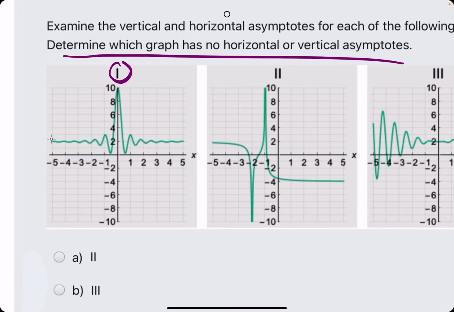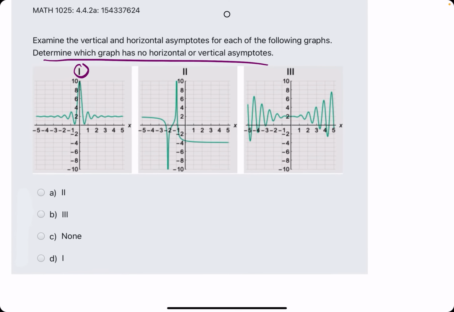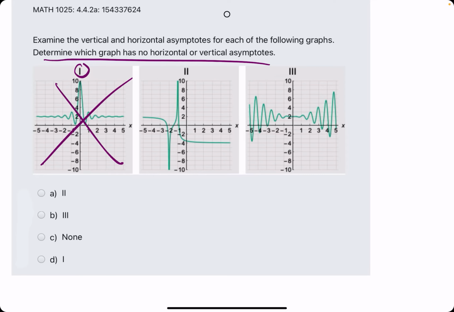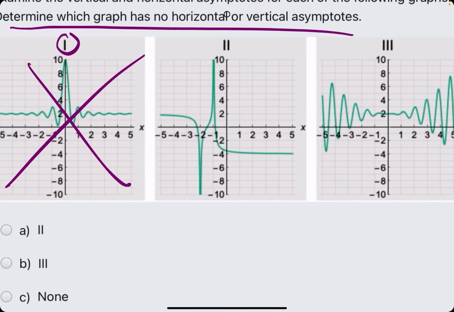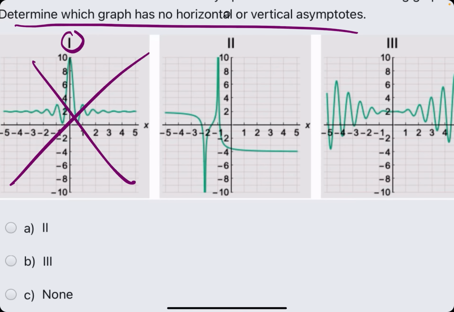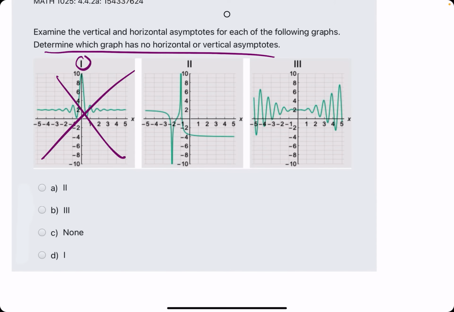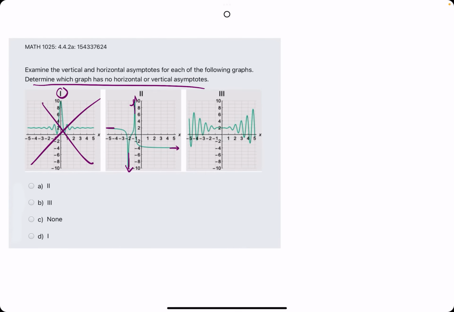So this does have a horizontal asymptote at y equals 2. Again, we're looking for the one that does not have any asymptotes. Number 2, if it looks like this, it definitely has asymptotes, right? It's leveling off over here to the left and then to the right, and then here and then here. This has 2 horizontal and 2 vertical.